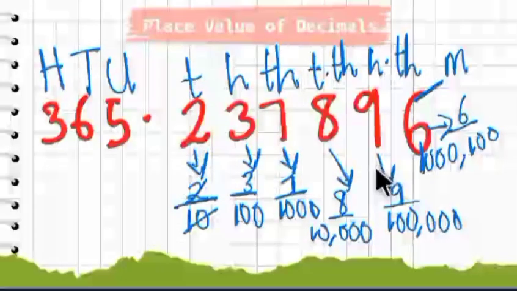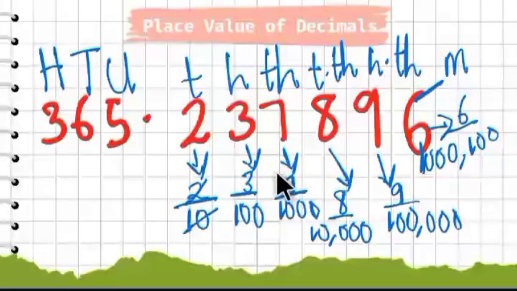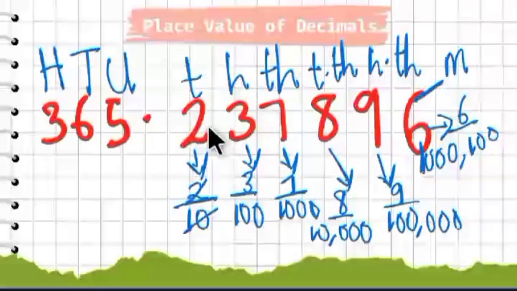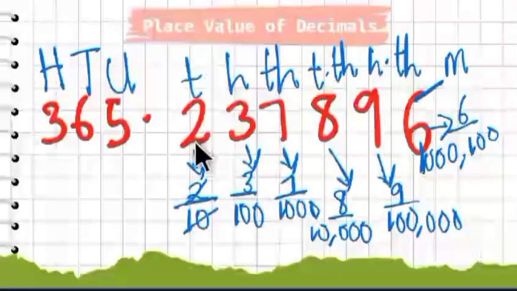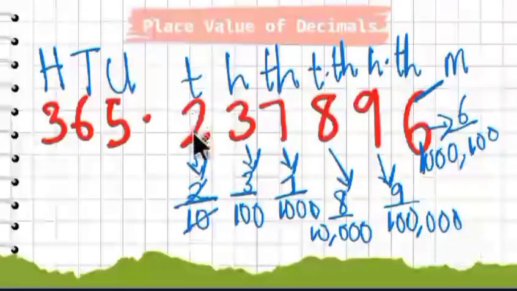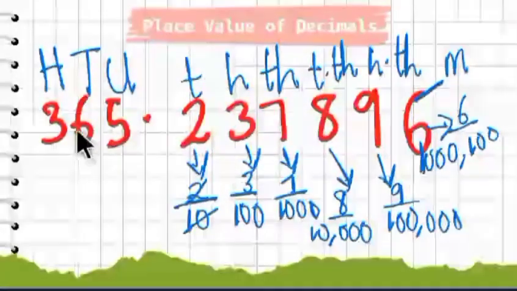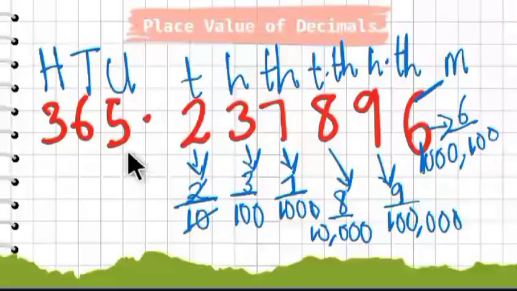So do you see it, children? When placing the value of your decimal digits, we start from the first digit after the decimal point. The first digit is 2, and the value is tenths, which is 2 over 10. But for our whole numbers, we start from the digit before the decimal point, and that is 5.